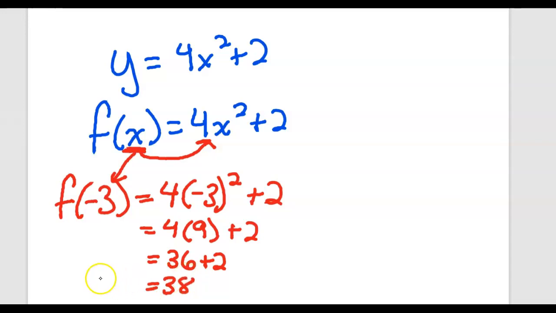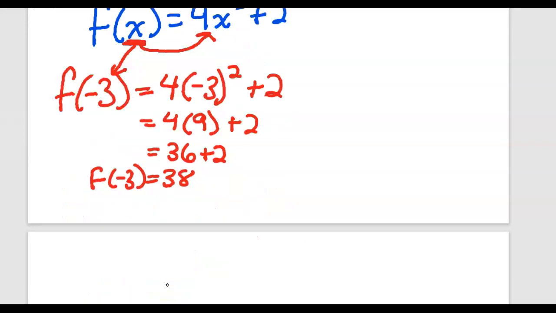So that gives me 38. So f of -3 is 38. This actually gives me an x and a y. This is my x, this is my y. So if I were to write it in an ordered pair, it would look like this.